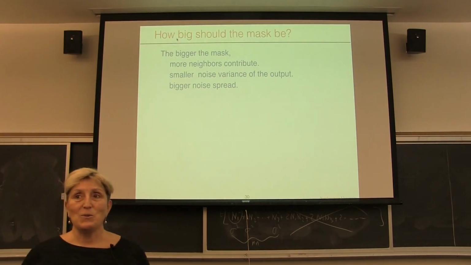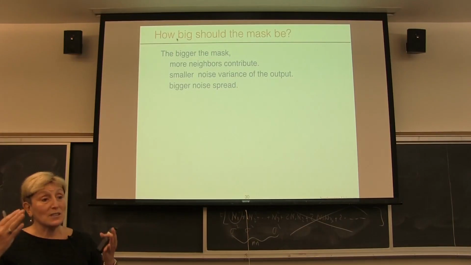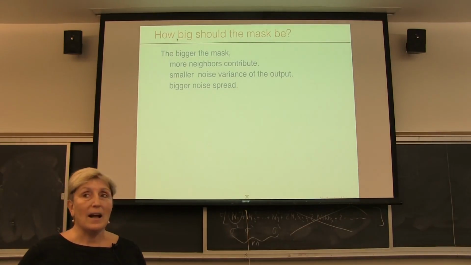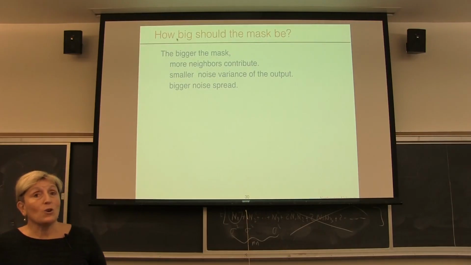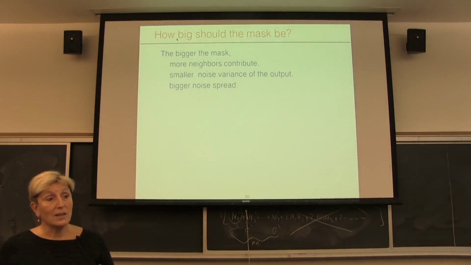If we do an averaging, the variance of the noise will go down by a factor of M by N. Now, it is also reducing the variance, in some sense, of the signal, not just the noise. And so when that mask crosses edges, it will blur your edge.